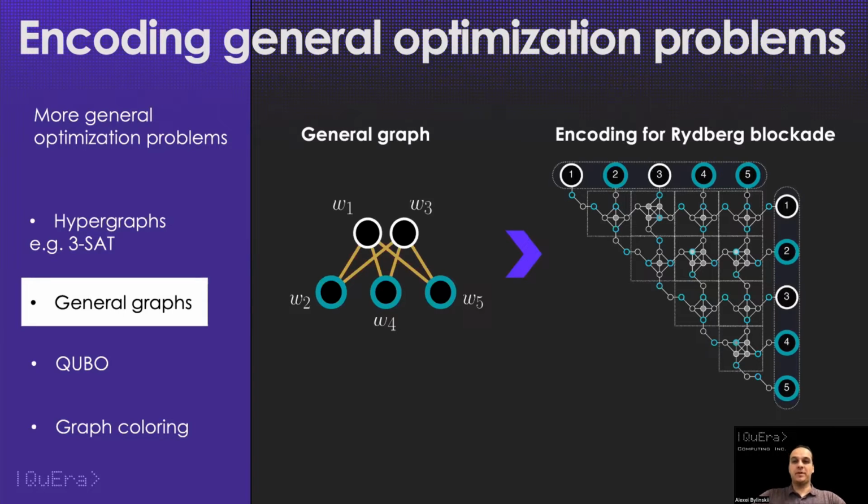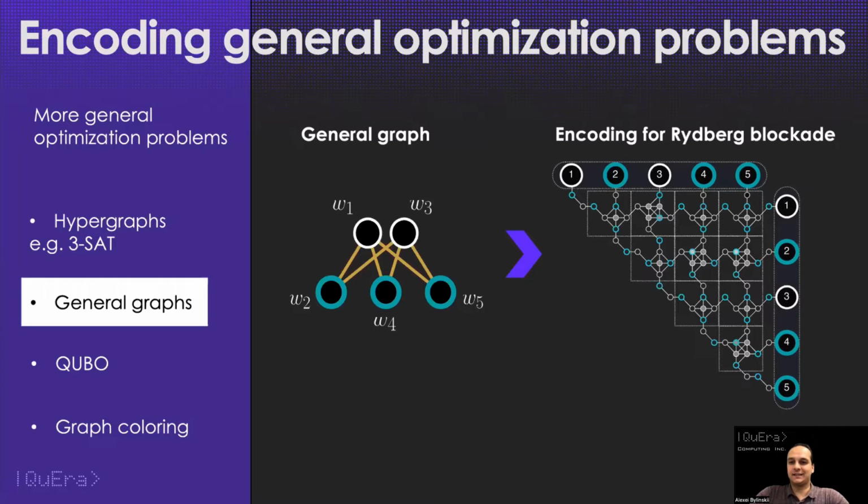However, this graph can be mapped onto a bigger graph where each node becomes a chain of nodes connected by edges, and connected by what we call gadgets that implement crossings between the edges. This bigger graph is a planar graph and a unit disk graph that can be solved for the MIS on our FPQA.